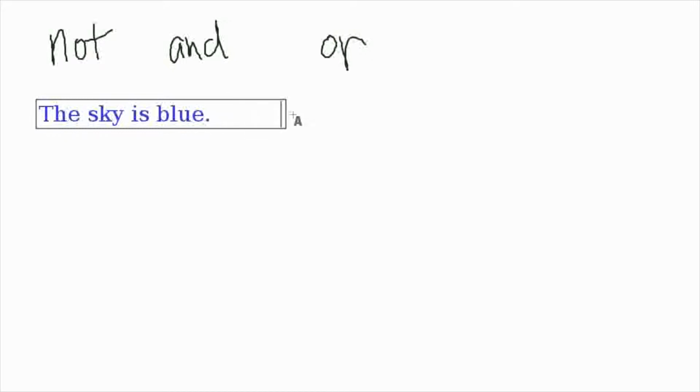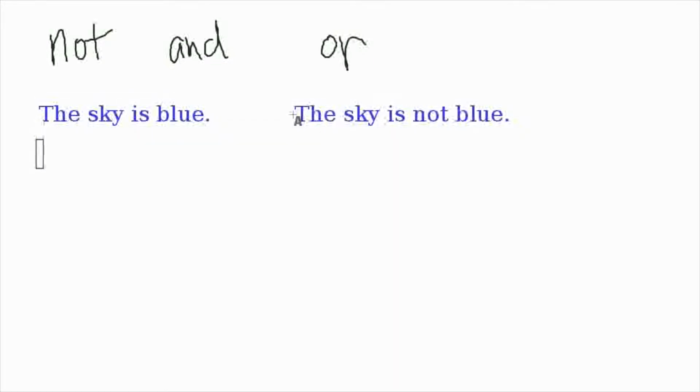Okay, now what about if we said the sky is not blue? How would that affect it? Well, you're saying the exact opposite. Okay, now there's an interesting pattern here that I want you to be aware of. If the left statement is true, the right one is false. At the same time, if the left statement is false, the right one is true.